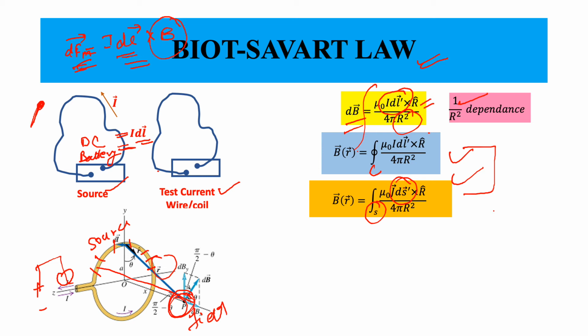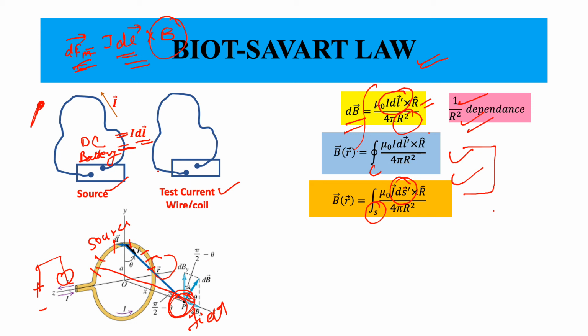So clearly the field will be stronger if you are closer to the current element. If you move away from the current element, it would fall as 1 by r square.